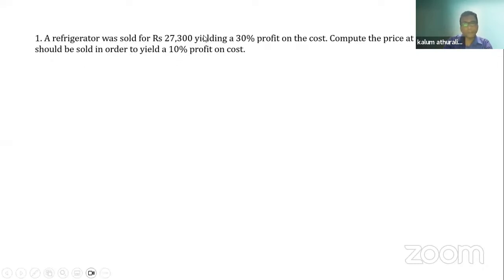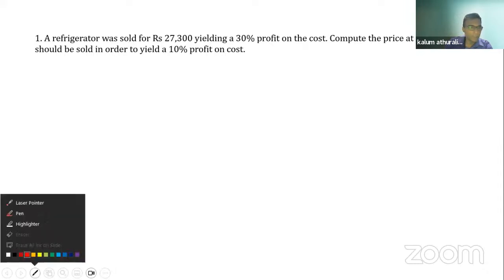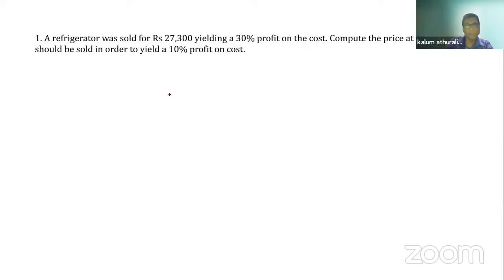Then the refrigerator's selling price is 27,300. Their profit margin is 30%.